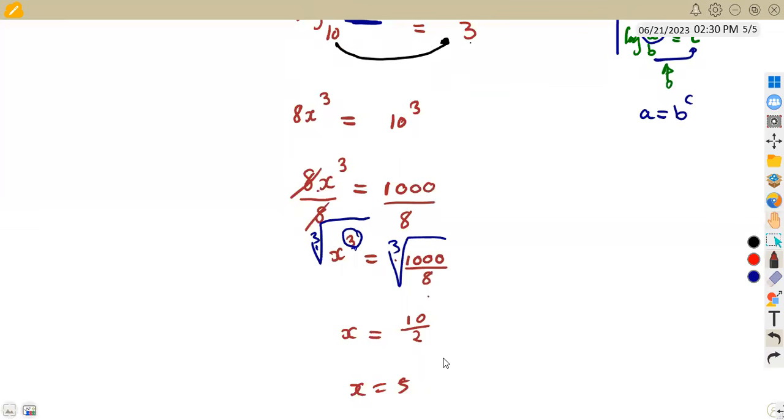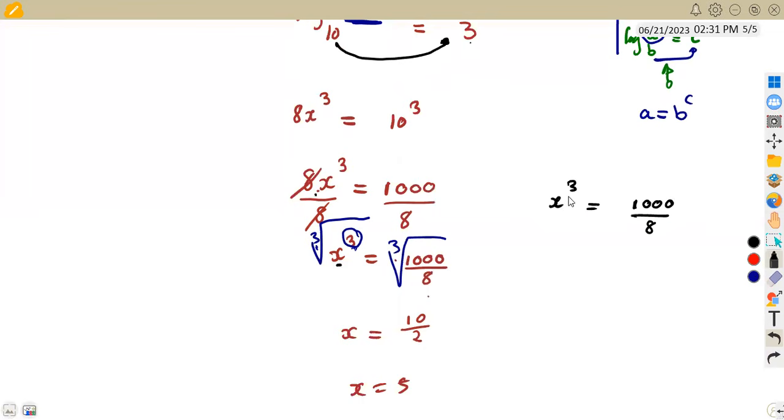Like I said, you can solve this direct from your calculator, the cube root of this expression. Or the other way we could have worked from the part where we have x to the exponent of 3, which is equal to 1,000 over 8.